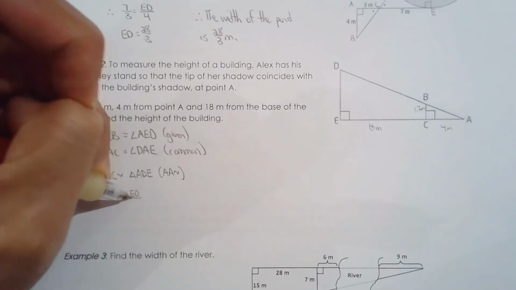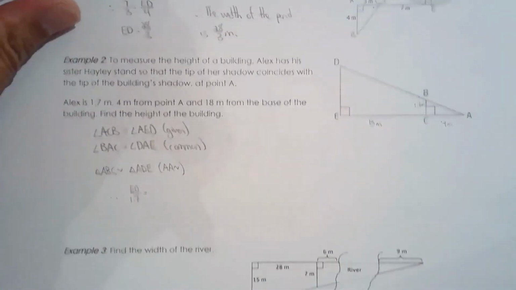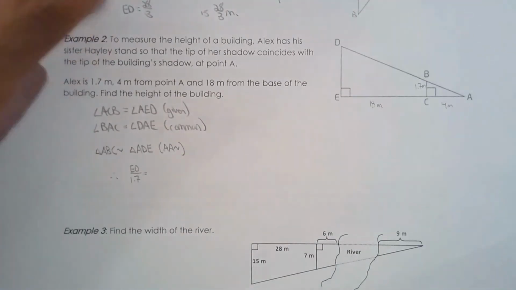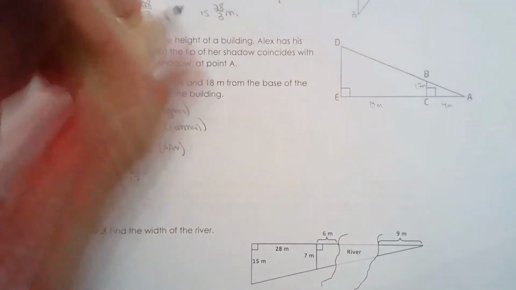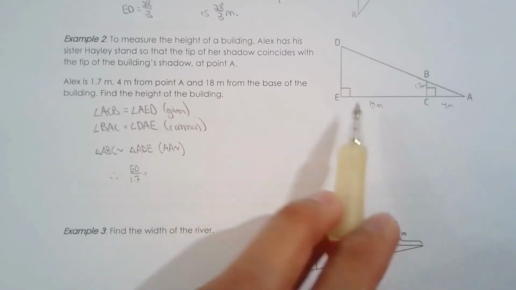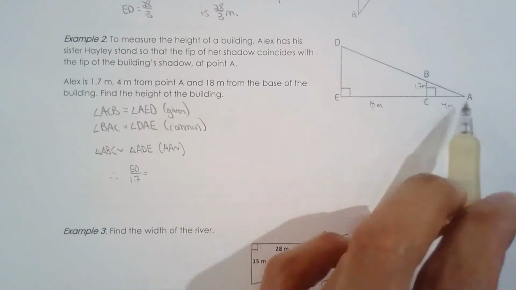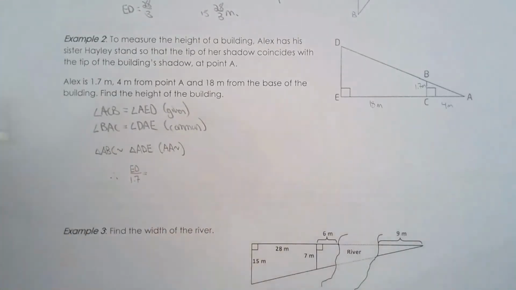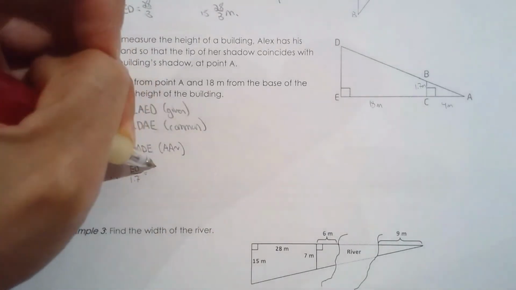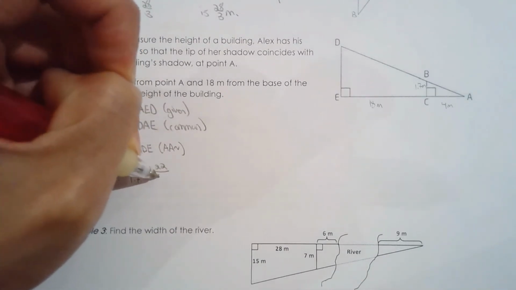ED over 1.7 is equal to, now be careful, not 18, because 18 is not the length of the side. It's EA, the whole length of that side is 22. 22 over 4.